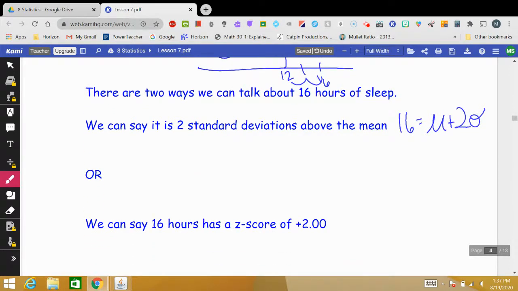The other way is to say 16 has a Z-score of positive 2.00. A Z-score just says where it is in relation to the mean. Because 16 was 2 jumps above the mean, we say it has a Z-score of 2.00. And we always take it to 2 decimal places. Always. Okay?